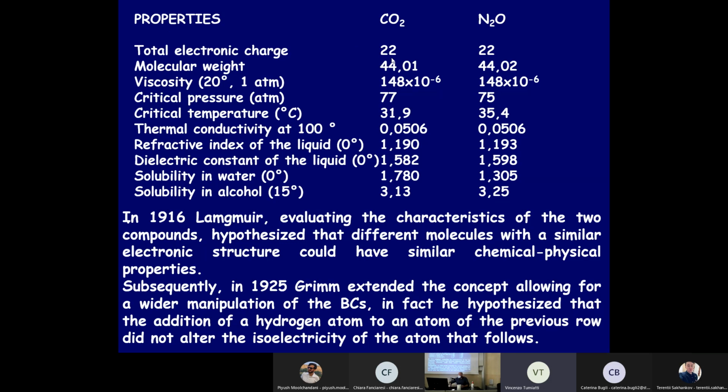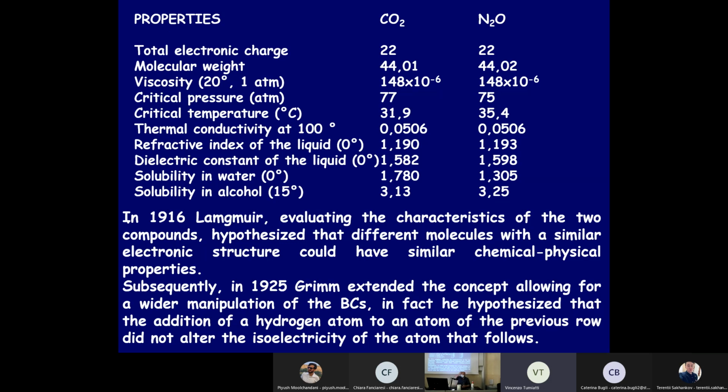You can see in the table the different physical properties. Total electronic charge the same, 22 electrons. Molecular weight the same, viscosity, critical pressure, critical temperature, thermal conductivity. All values are quite the same.